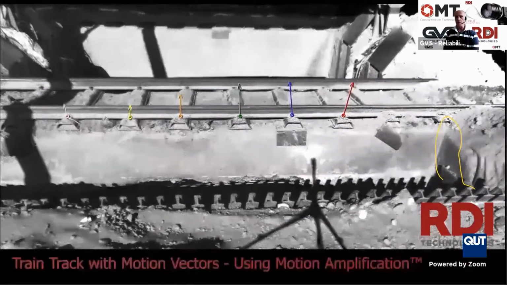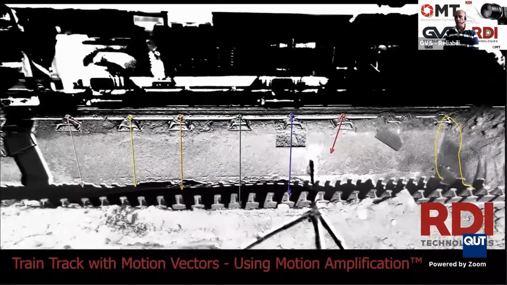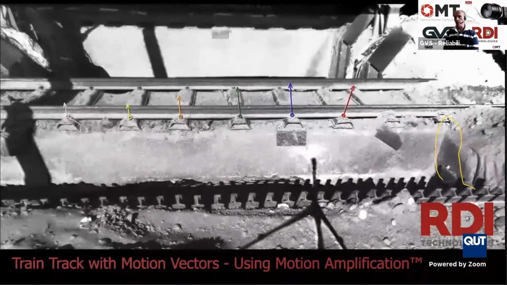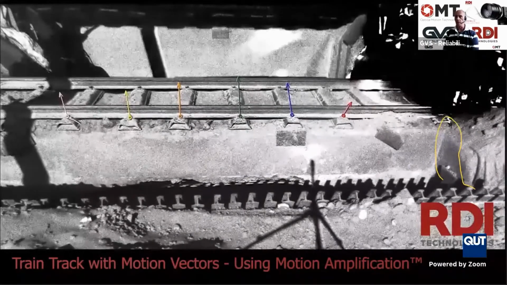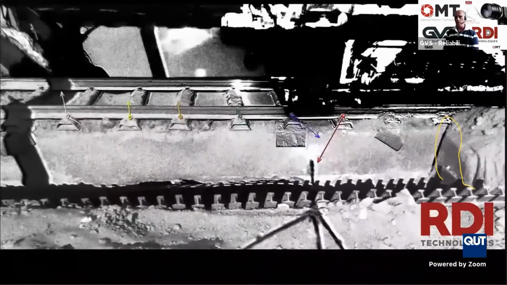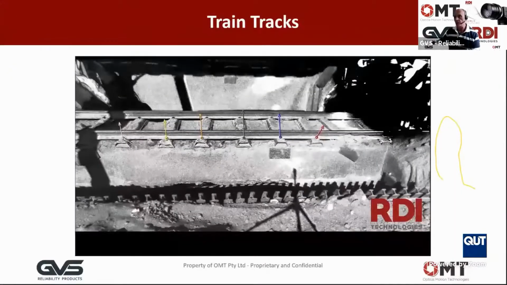So now you'll actually see how the track itself is being displaced with the train going over it. It was at normal speed there first off, and now we're just seeing that repeated with it being slowed down. So those motion vectors we can draw anywhere on the video footage that we're actually capturing.